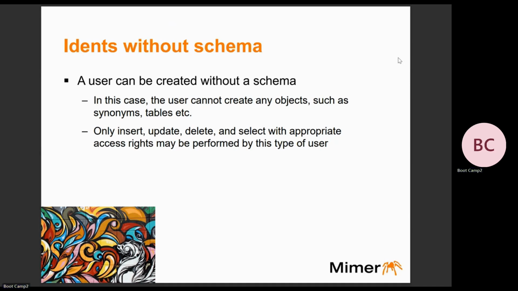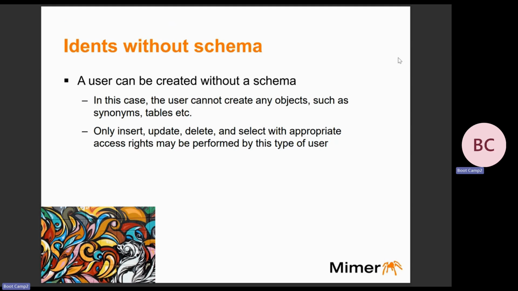This is maybe not terribly important, but you can actually create a user that doesn't have a schema. That type of user cannot create anything in the database, not even a synonym. So you can have users that you want to keep away a little bit.